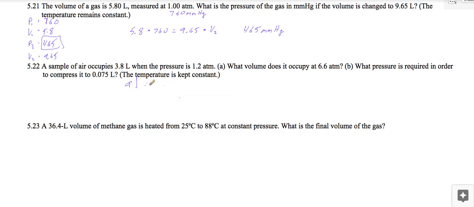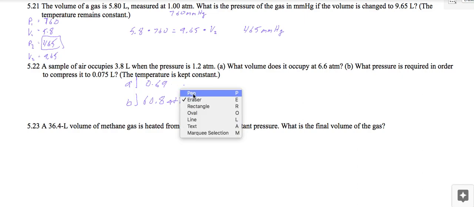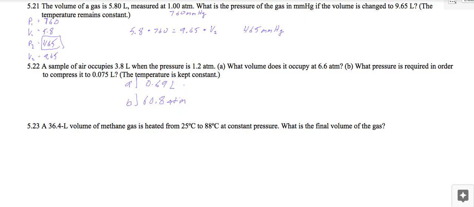Let me try that one more time, guys. 0.69 atmospheres, and B is going to be 60.8 atmospheres. And you can stop yelling at the screen. I hear you. This is not atmospheres. This is liters.